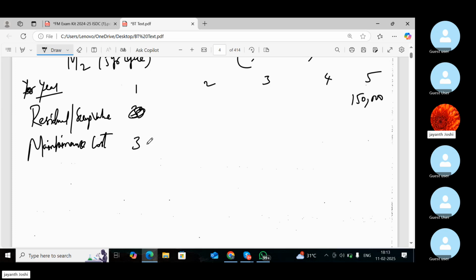Maintenance cost 39,000 into 1.06 we have to do. 41,340. Then you have to do into 1.06 to this. You have to just go on doing that.